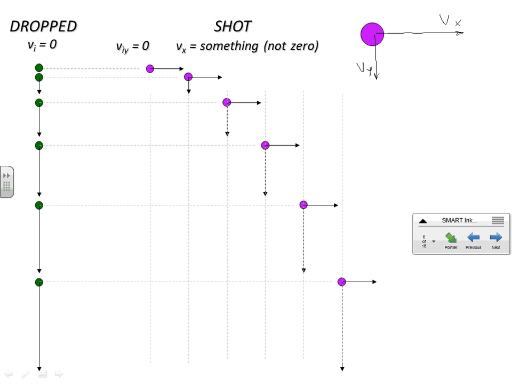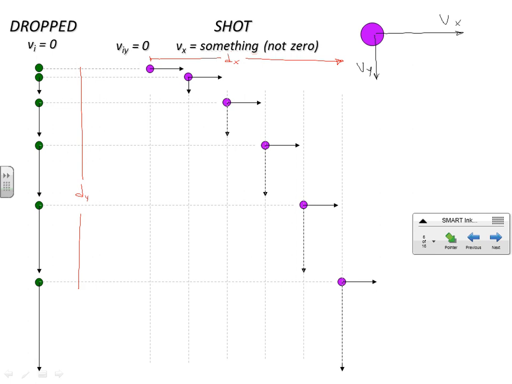All right, so here's what we have. We have a few things we can point out. One is that this object has what we call an overall horizontal displacement. It goes that far. These both have an overall vertical displacement, which is the exact same thing for each.